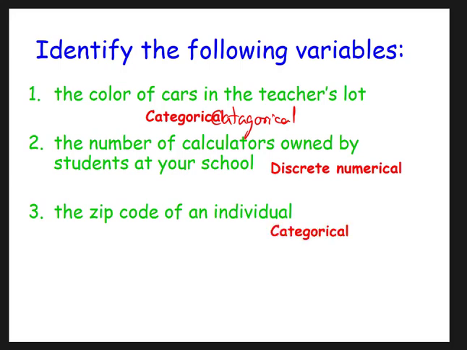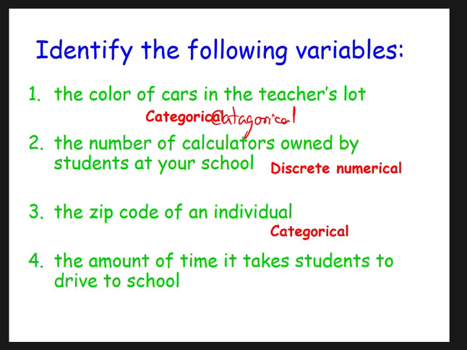This one's kind of tricky because it is numbers, but it's actually putting you in a category. You're not counting anything, you're not measuring anything. You're just taking that number code which defines you. They could just as easily say that you're in the city of Madison or the city of Columbus or whatever city rather than using that number code. They could give it a name if they wanted to. It's just they choose to use numbers as the name.